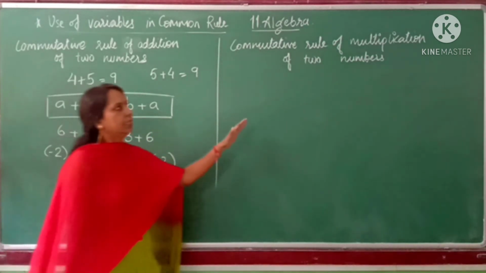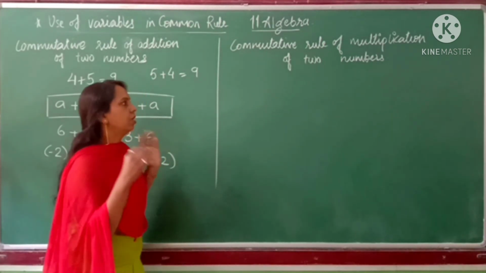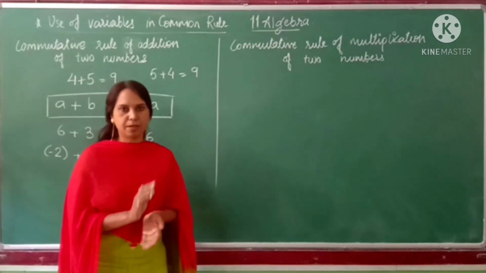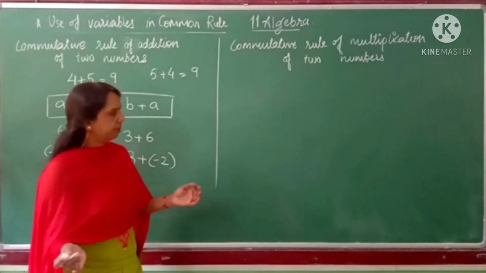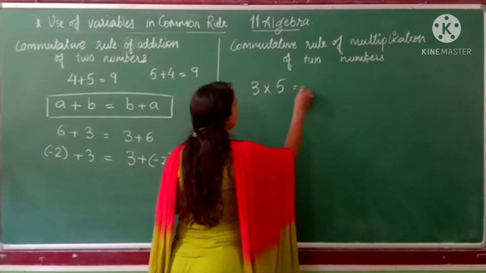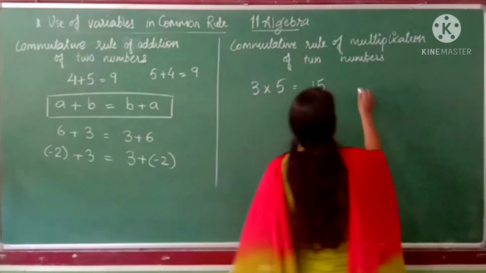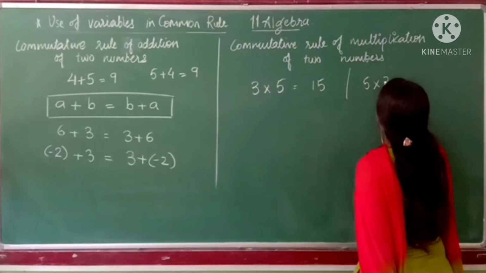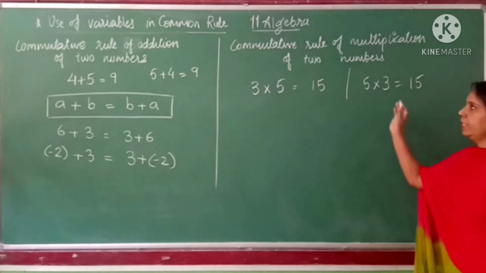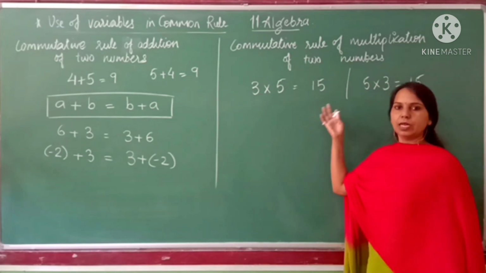Now next, the commutative rule of multiplication of two numbers. Here also, when two numbers are multiplied and even if we interchange the numbers, the answer remains the same. Let us check it out. 3 into 5 is equal to 15. Now if we interchange, it does not change the answer.